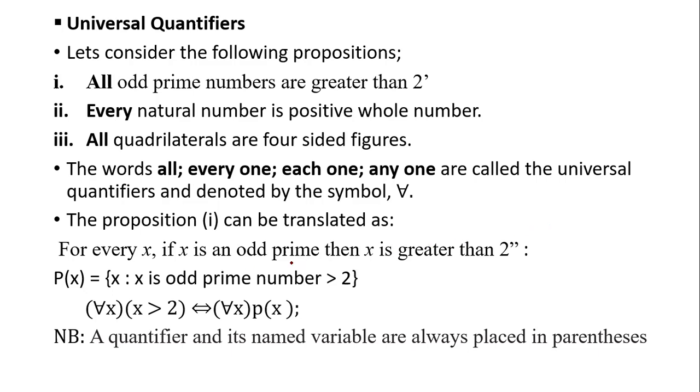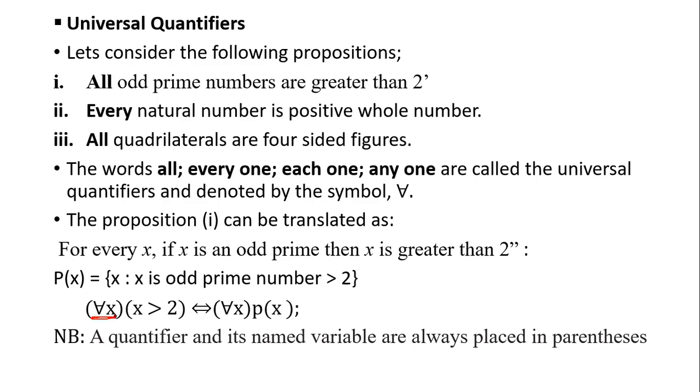But in case we let P of x, also called the set of x, say that x is an odd prime number greater than 2. That means we are now representing prime numbers greater than 2 by P(x). So if you want to use the symbol, now you see the symbol for all. So we call this one all x.